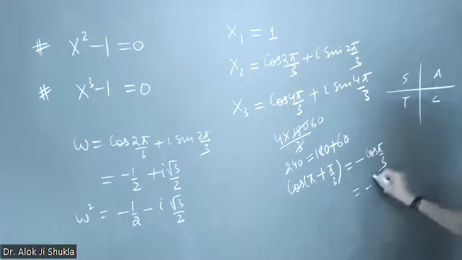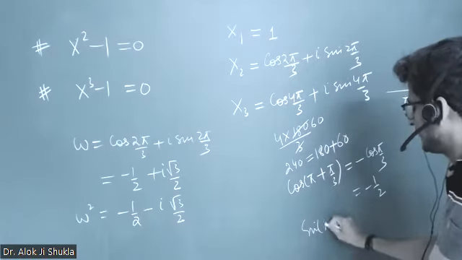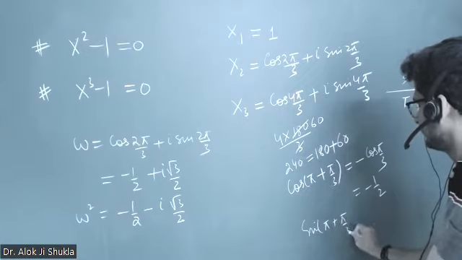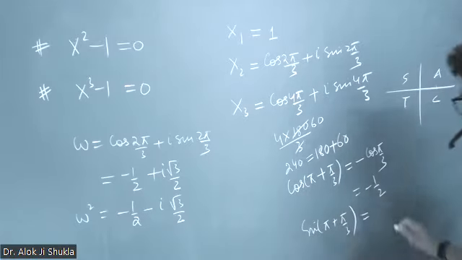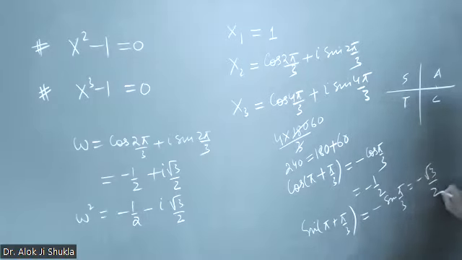So this will become minus half. And if I write sine of pi plus pi by 3, it will become minus sine pi by 3. So it will become minus root 3 by 2.